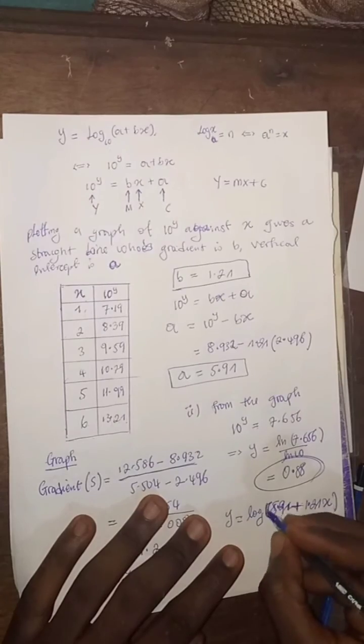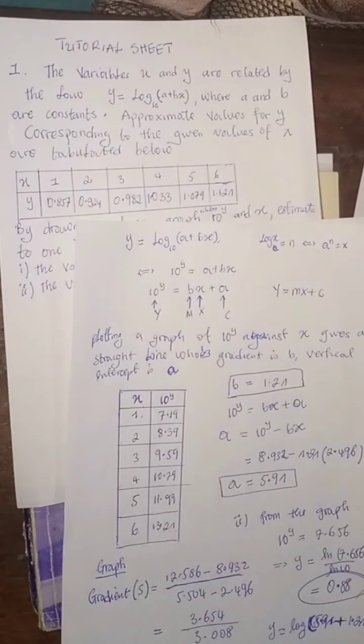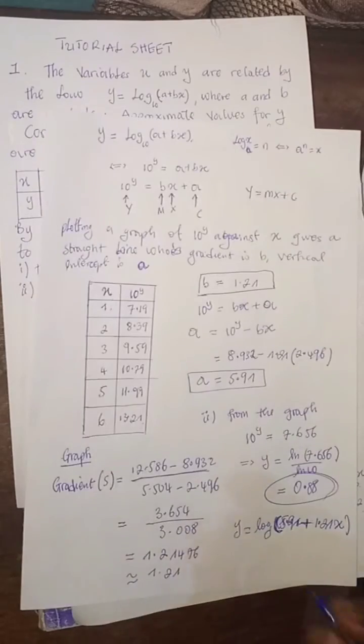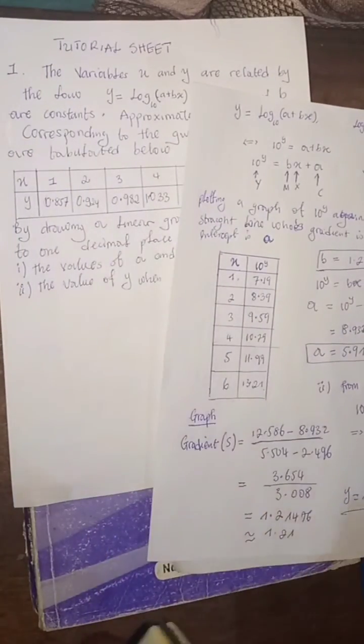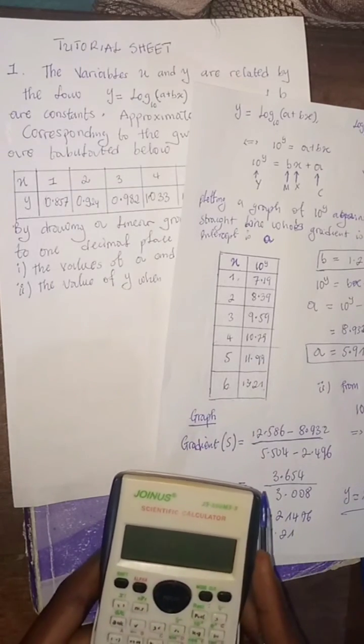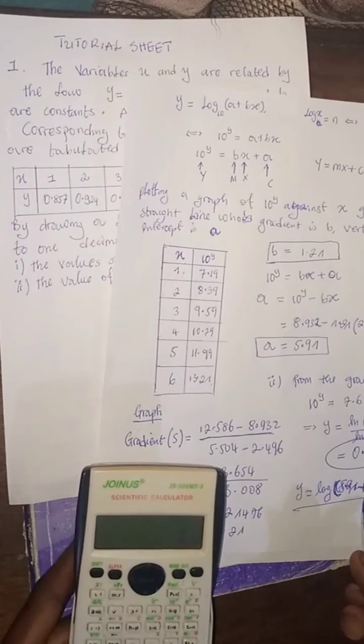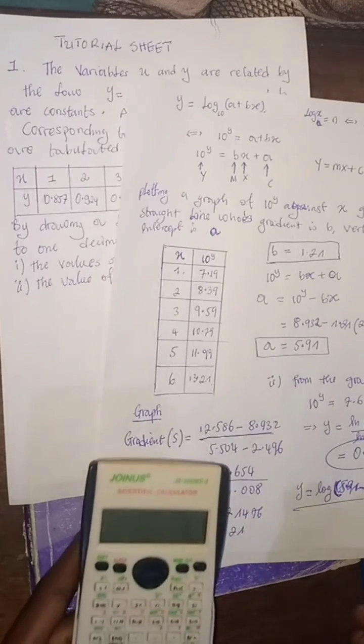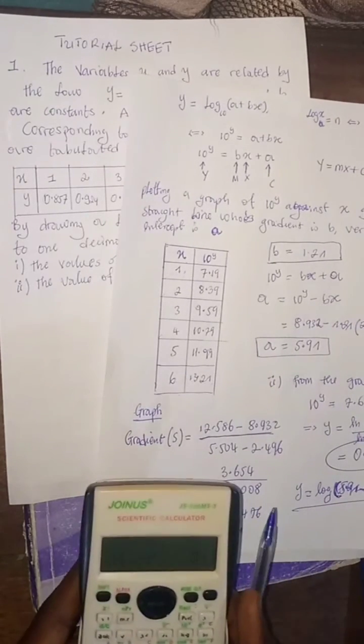To check that this data is very accurate, I go back to the original question and test. Look at it. This is the relationship, right? When x is 1, I replace 1 here. I'm going to have 5.91 plus, if you replace 1 here, you are just going to have 1.21.